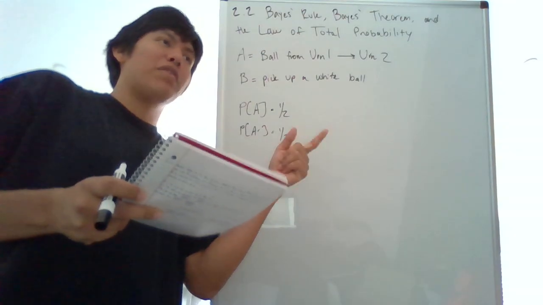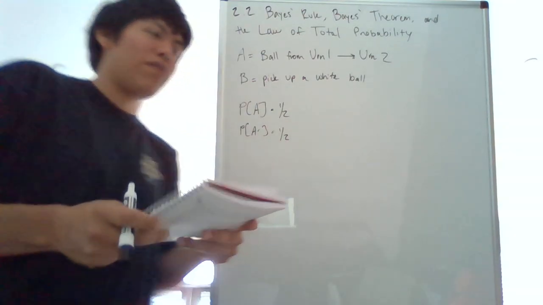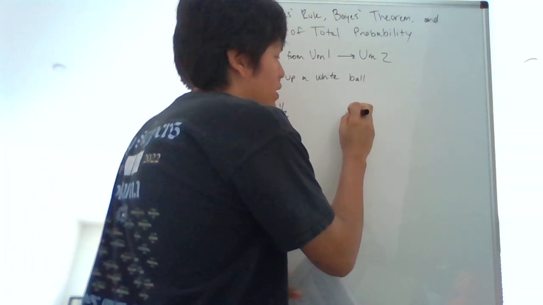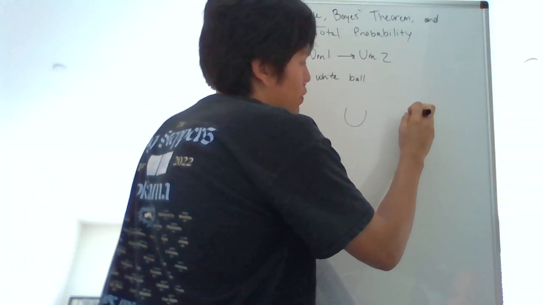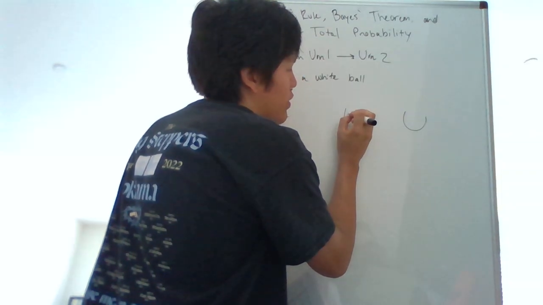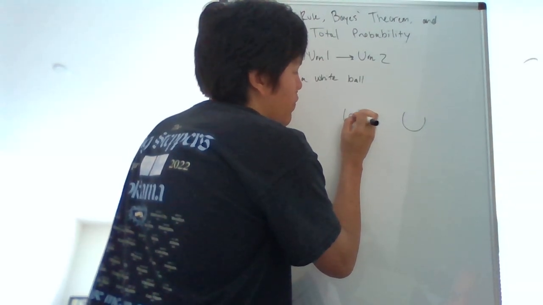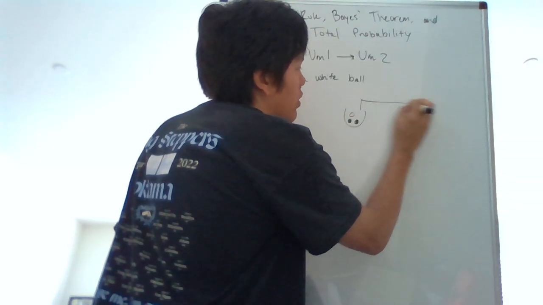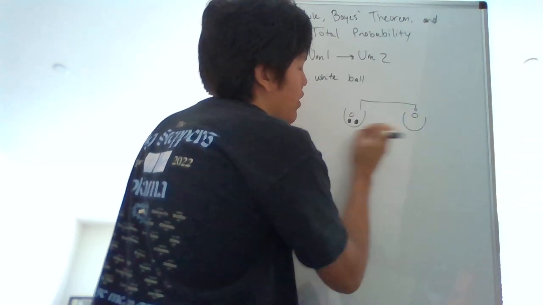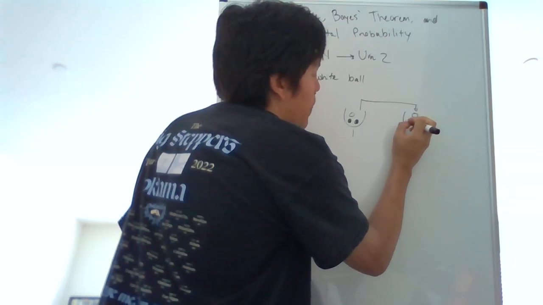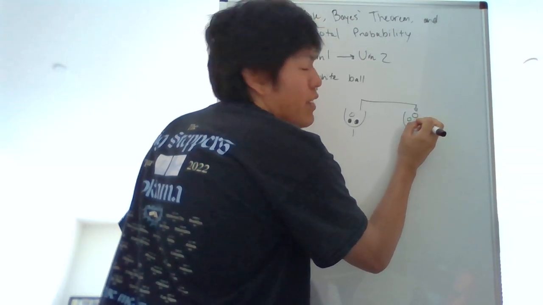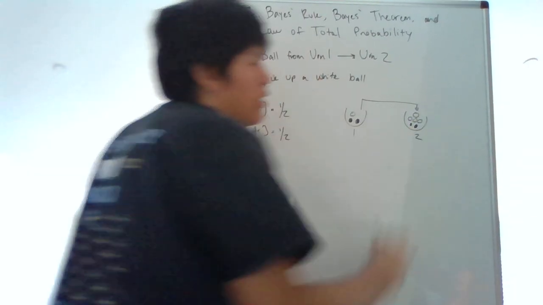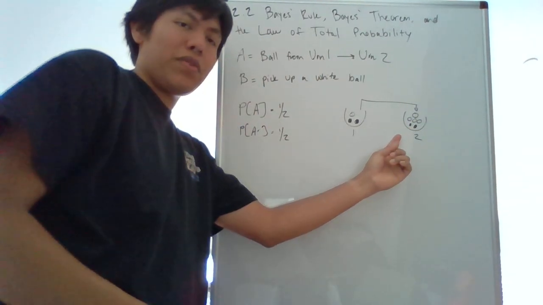And that would be the probability of B given A, right? So I'll draw it over here. We have urn 1 and urn 2. If we chose a white ball to put in urn 2, then because urn 2 had 3 white balls and 2 black balls, now there are 6 balls in total.